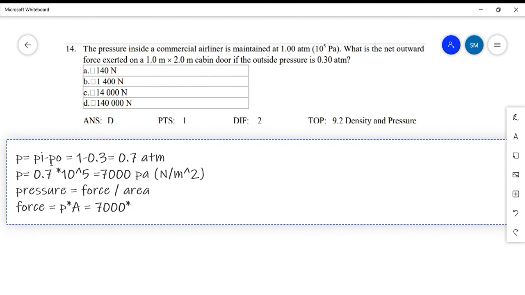The area is simply 1 times 2, the dimension of the door he gave us in the question, so the area is 2 meters square. So this is the result in Newton. The answer is D. I hope you understand this.